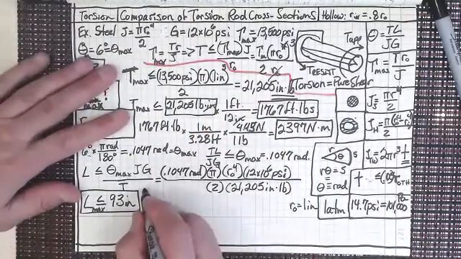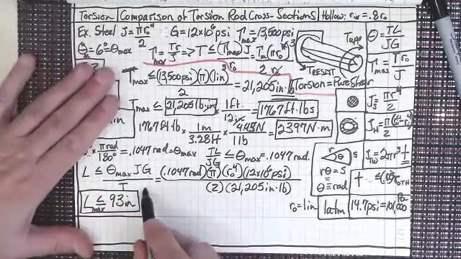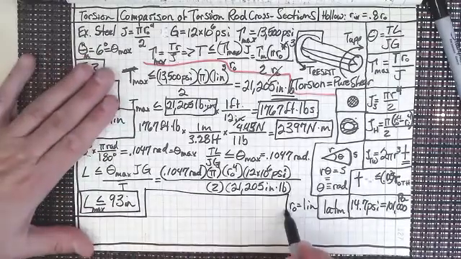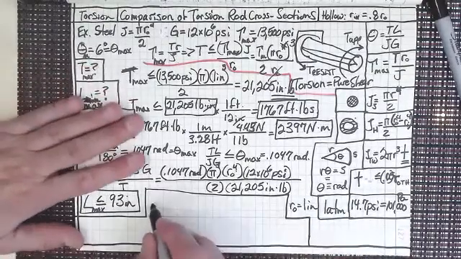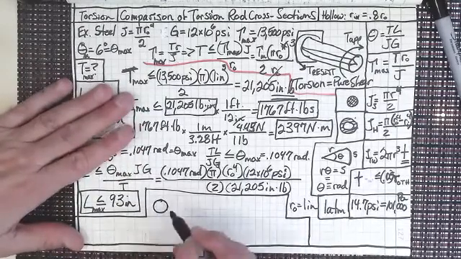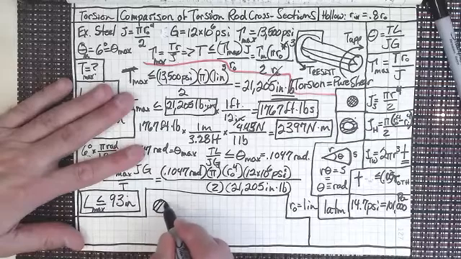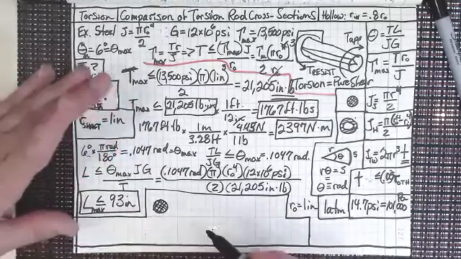Now, what I'm going to do for the last minute or so that I've got you is prep the next thing that we're doing. What I want to compare is 3 different torsion shafts, torsion rods. I'm going to look at a solid cross-section rod.